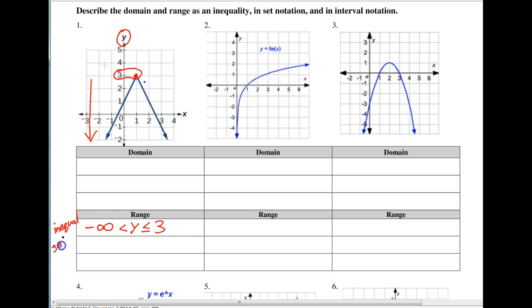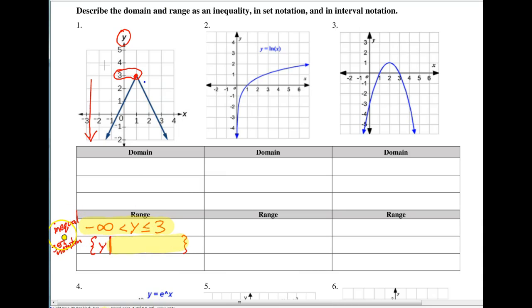And then set notation is just another way of writing it. It uses these curly braces, and we put something in front of it. We put y, and then a vertical line that means such that. Right? And then we put this thing in its entirety in here.